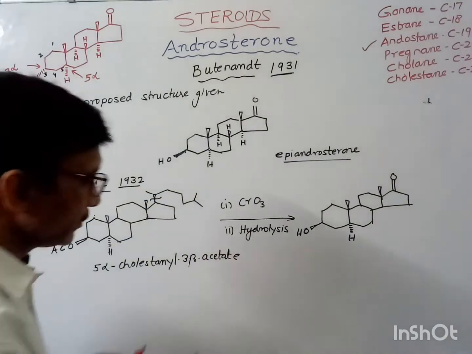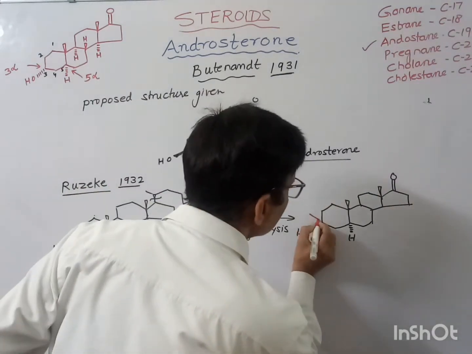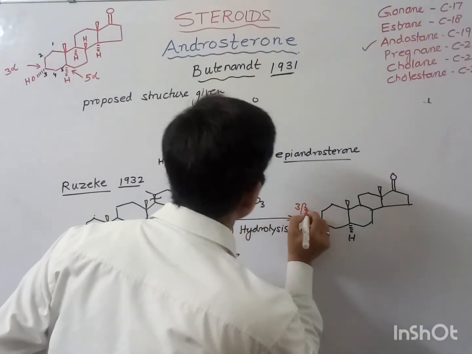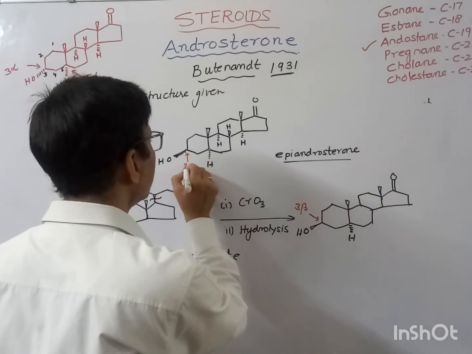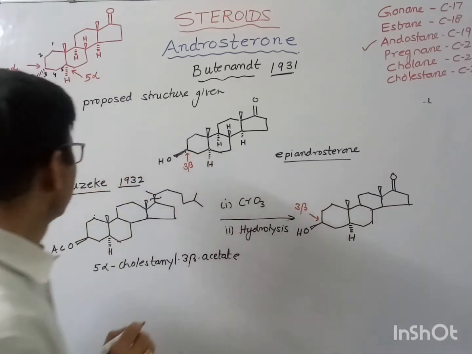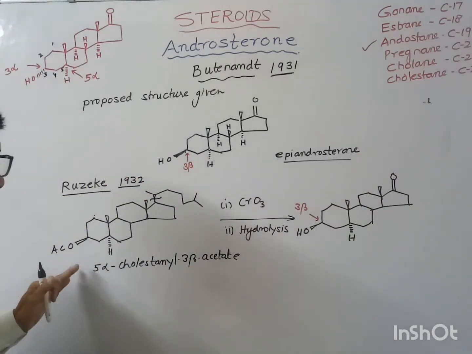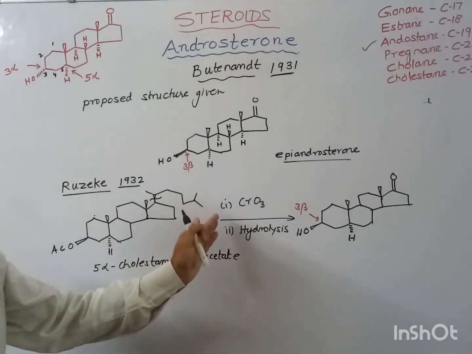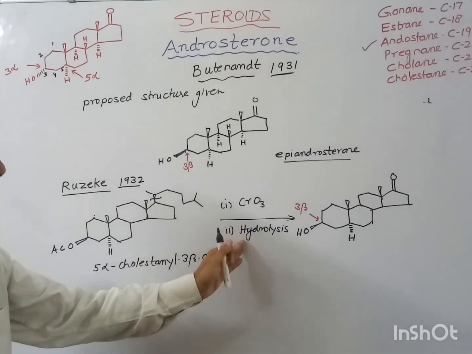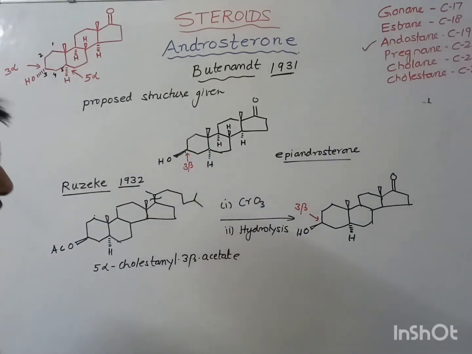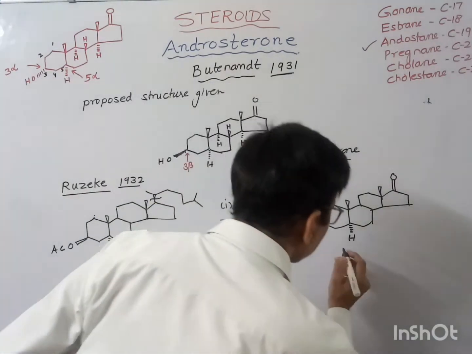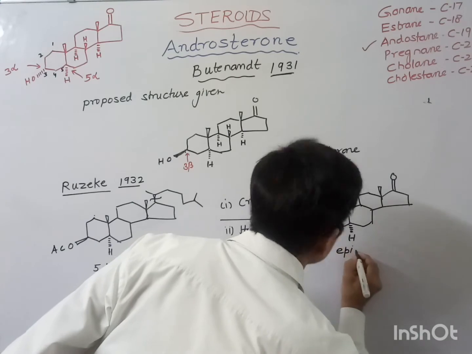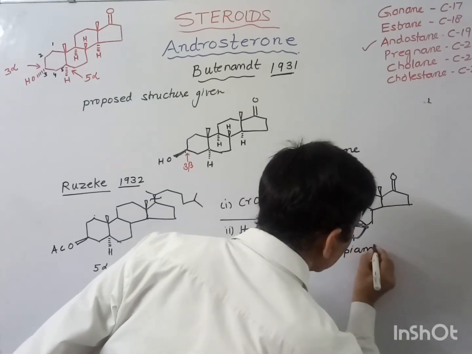So this is 3 beta, which we should remember. In the same way, this is also 3 beta. So when Ruzicka took this cholestanol acetate and did the oxidation followed by hydrolysis, he got epi-androsterone.